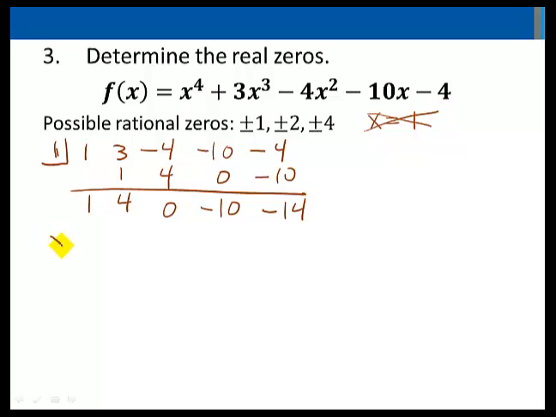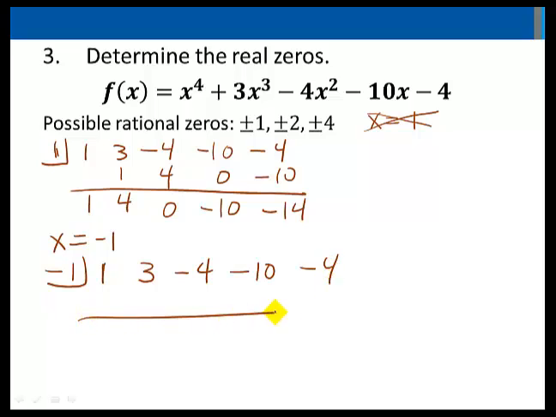Let's next try x equals -1. I'll divide f(x) by x + 1 this time using synthetic division. And again, I will be looking for a remainder of 0. And it looks like we have a remainder of 0 this time.